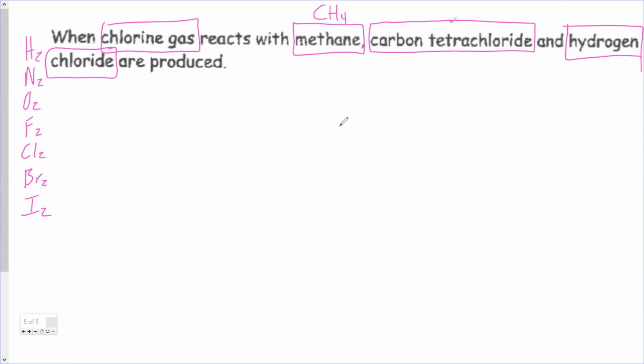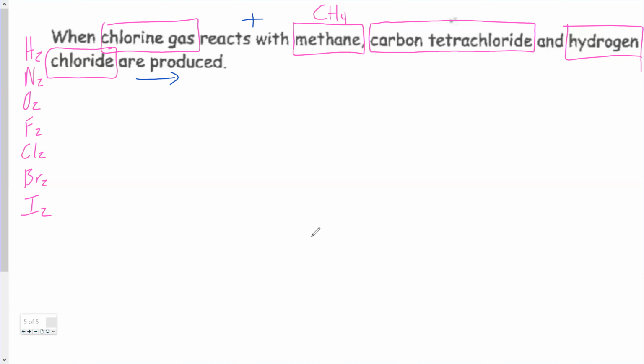It says when chlorine gas reacts with methane. The reacts with is basically a plus sign, okay? And then it says carbon tetrachloride and hydrogen chloride are produced. So that tells me they're on the other side of the arrow. So chlorine gas, anybody want to tell me what chlorine gas is?